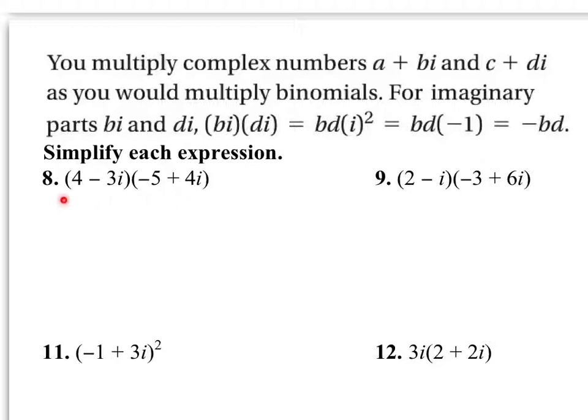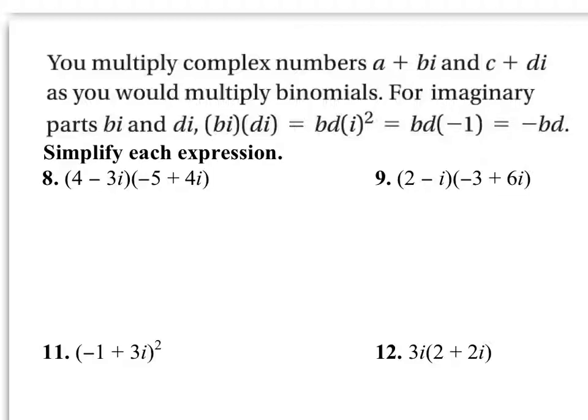If you look right here, that looks like I'm multiplying two binomials. But these are not called binomials. They're called complex numbers, because i is not a variable. i is the imaginary unit. Binomials are like x plus 2, x being a variable. So this is complex numbers, but we treat them the same.